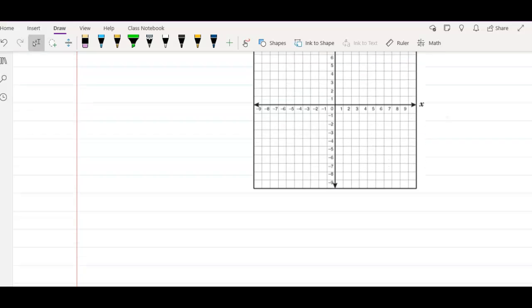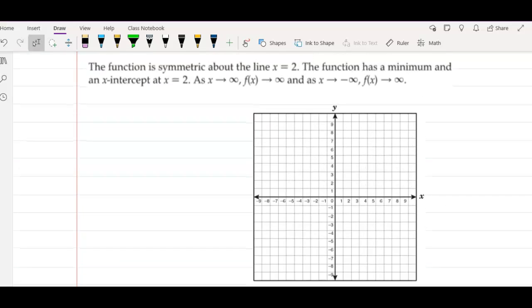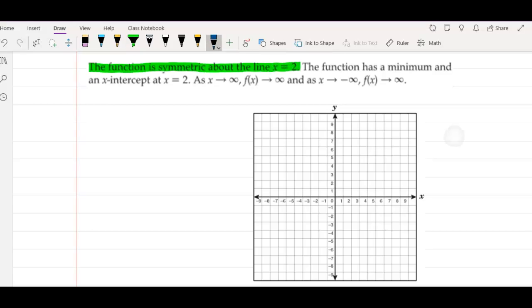Okay, we're ready for our last example. This function is symmetric about the line x equals 2. That means there's an invisible line right here at x equals 2 that if I folded this graph, the graph would line up right on top of itself.